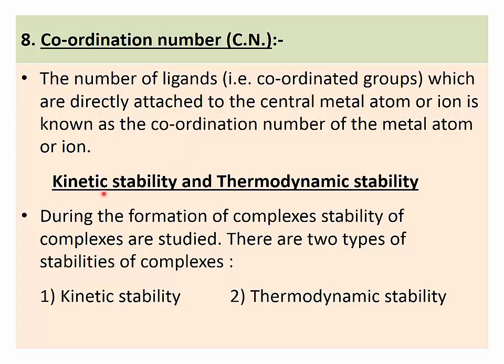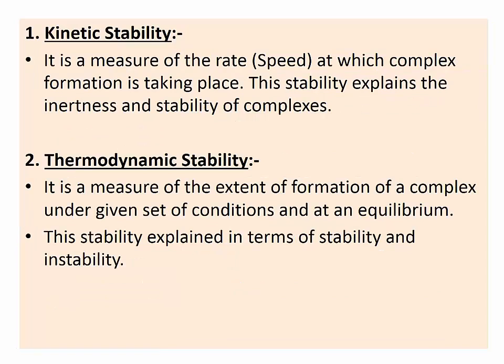Let us see the next point, kinetic stability and thermodynamic stability. There are two types of stability of complexes. When a ligand donates an electron pair to the central metal atom, complexes are formed. The stability of these complexes depends on these two types of stability.